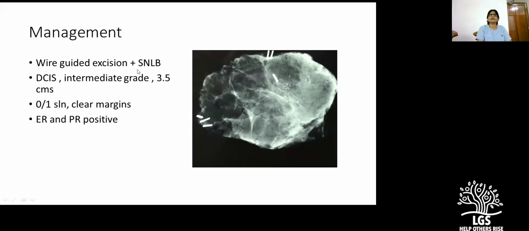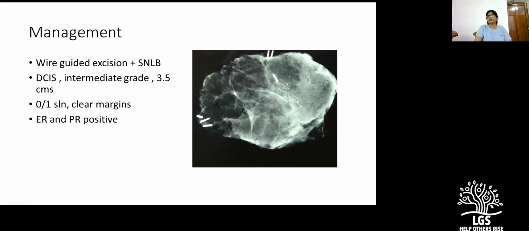She also had a sentinel lymph node biopsy, which was negative. You see the usefulness of the specimen mammogram: you can see that all of the calcifications are removed and the margins are clear. If you see that, you may actually avoid doing a frozen section for margins. If you have the facility and the comfort of getting a frozen section done, then it is ideal. And then she was also ER and PR positive.